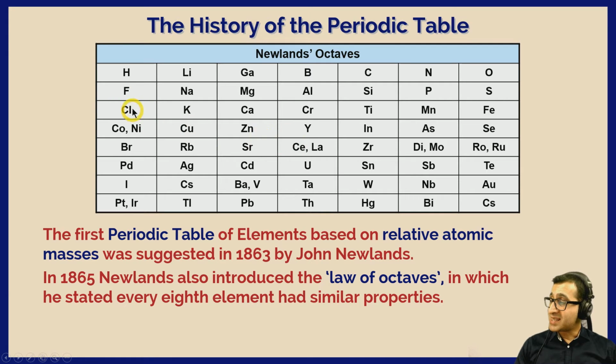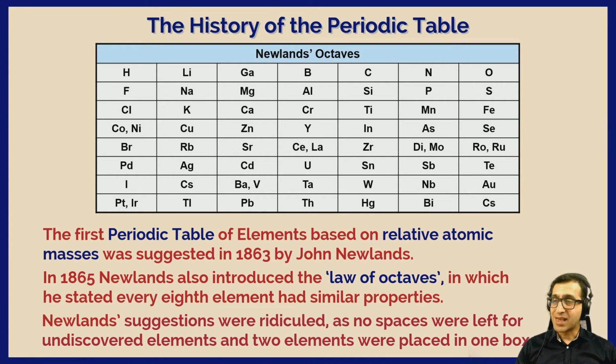So he said that every eighth element had similar properties, and this is where we get the octave from. But essentially, because it wasn't scientific, it was more of a mystical and philosophical approach. He firstly was ridiculed for that, but also because he left no spaces for undiscovered elements, and also sometimes placed two elements in the same box.